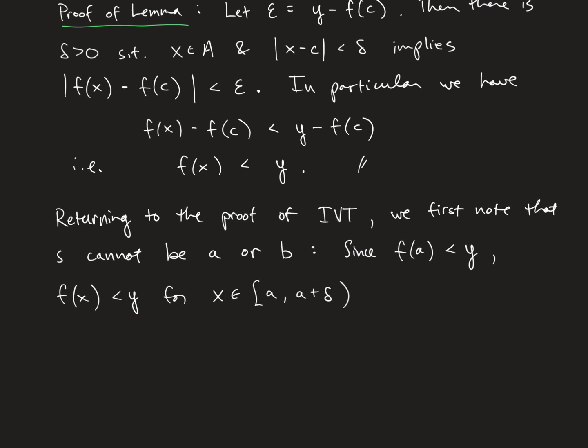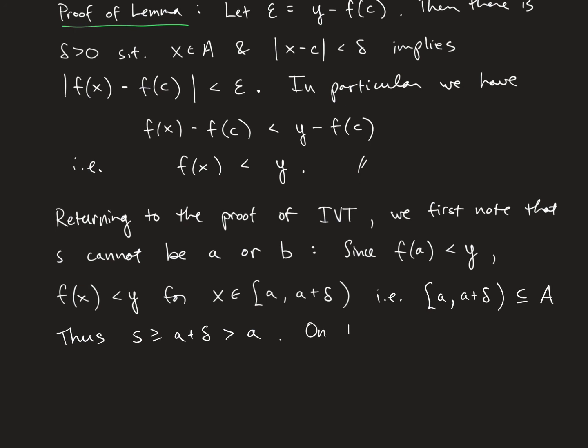We must be able to extend this inequality a little bit throughout this interval. So that means, i.e. A, A plus delta is contained in the set A. So thus S is bigger than or equal to A plus delta, and that's bigger than A. So S can't be A because S is strictly bigger than A.